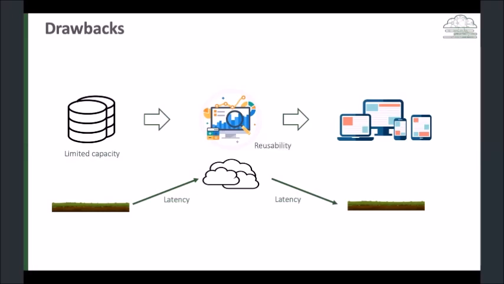And third, we have a problem of reusability, because usually these applications are developed for a specific set of final users. So the application developer has to create different types of analysis for different types of users. This is a typical scenario with the data streams.